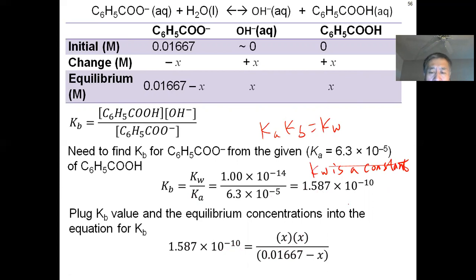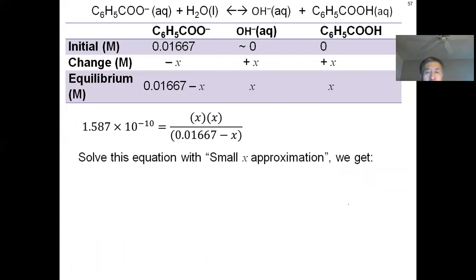Right, you can solve this equation with the quadratic formula or a calculator or some technique, but we will use our small x approximation, which is okay because 100 times our Kb. So remember before we used this: 100 times Kb less than C0.